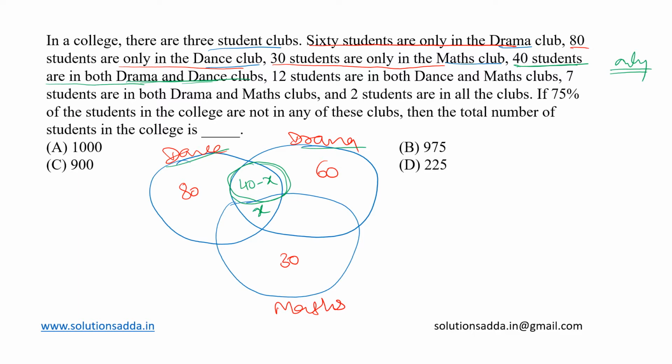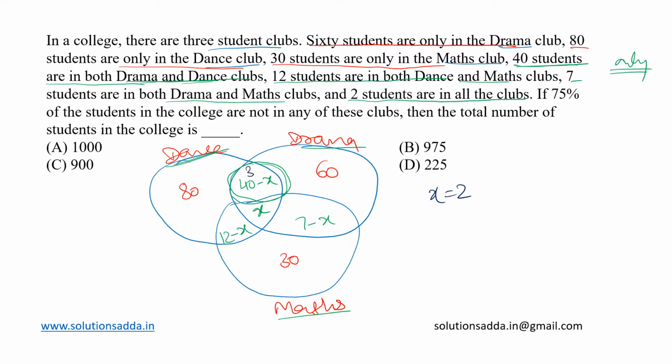Hence, we write 40 minus X, and in the same way, 12 students are both in dance and maths. So here we are going to write 12 minus X because they must belong only to these 2 and not all the 3. Similarly, 7 belong both to drama and maths. So here we write 7 minus X. And now they are finally saying 2 students are in all the 3 clubs, which means the value of X we have taken is actually 2.